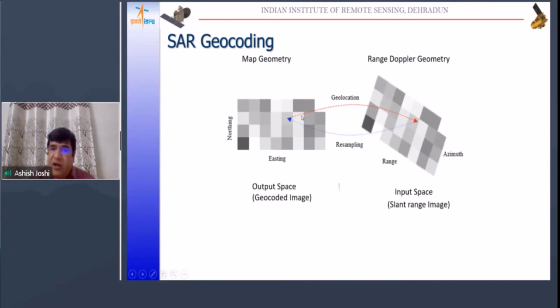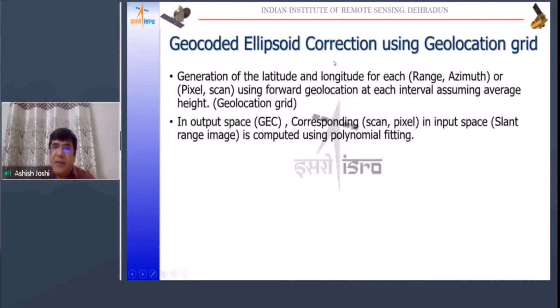So this is called the reverse geolocation or the backward geolocation. Okay, so that is used for filling the image pixels in the geographical plane. In this way we will correct the slant range images, and we will convert them to either the GEC product or the GTC product.